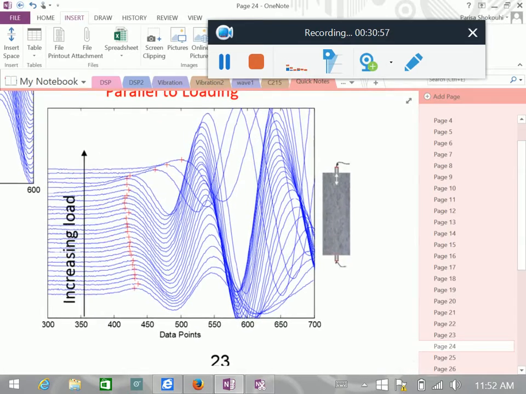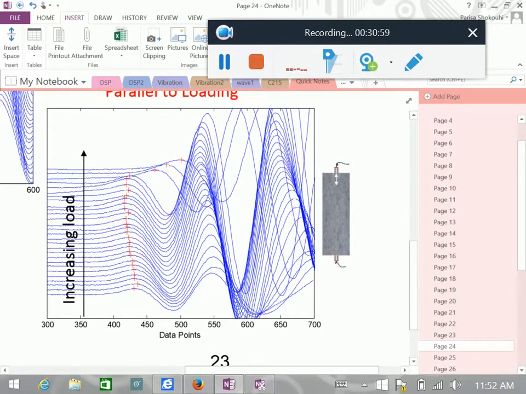Here, when we measure the wave velocities parallel to the load, the arrivals are earlier, meaning that the velocity is actually increasing. How can that happen? Because the material is more compacted and the velocity is quicker, it's faster. Or the cracks inside are more closed than open. It's not damaged. This concrete was not damaged.